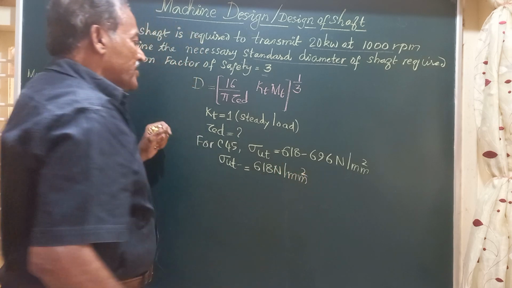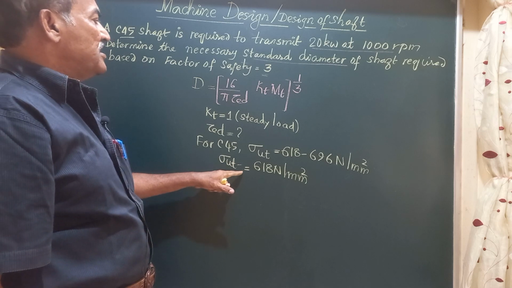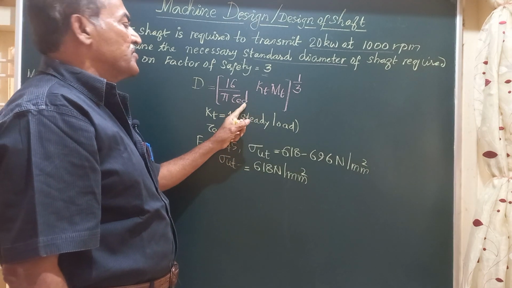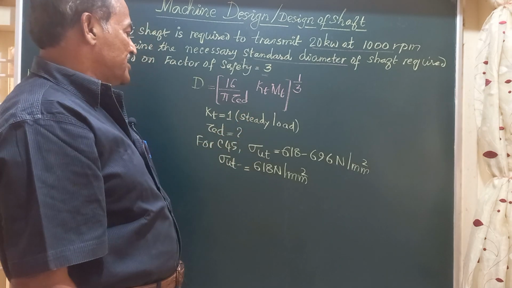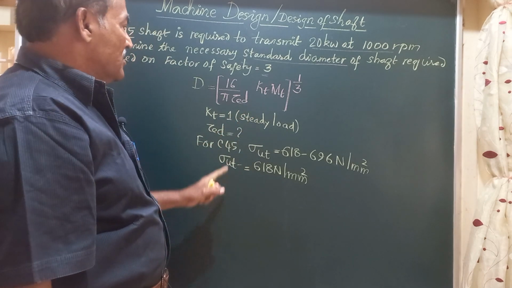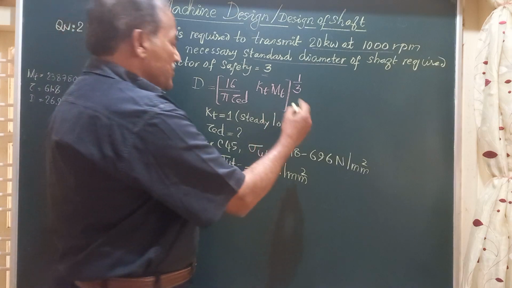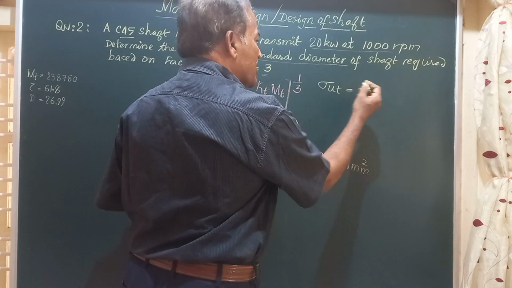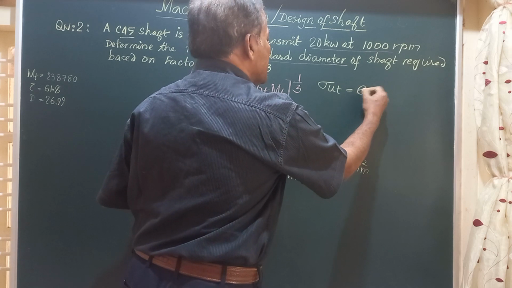So from this value of sigma ut, I should be able to get the value of this tau vd, the design shear stress. Friends, now this sigma ut is 618.